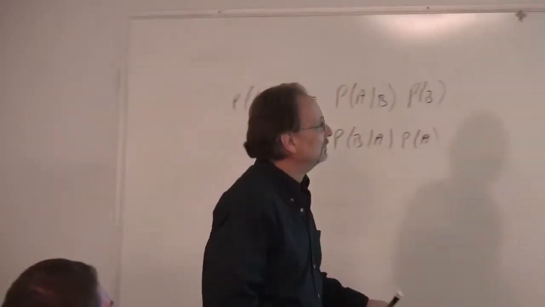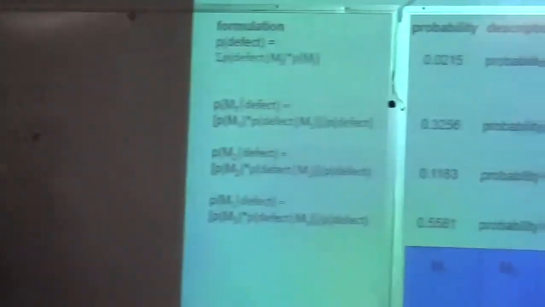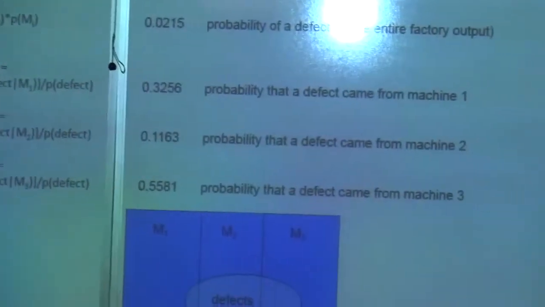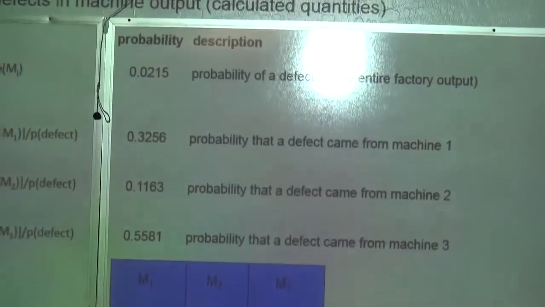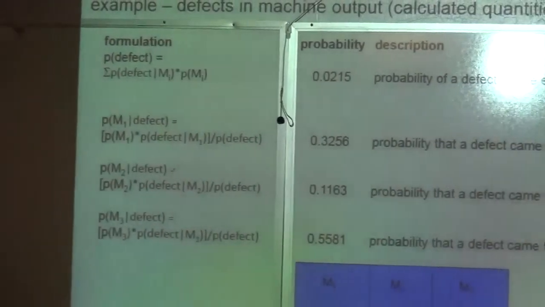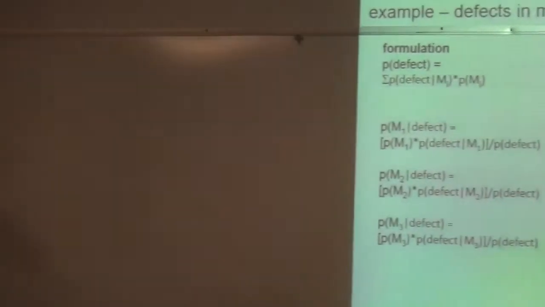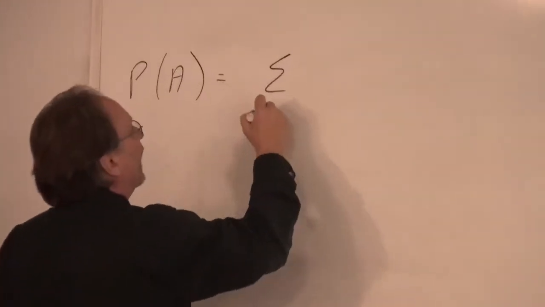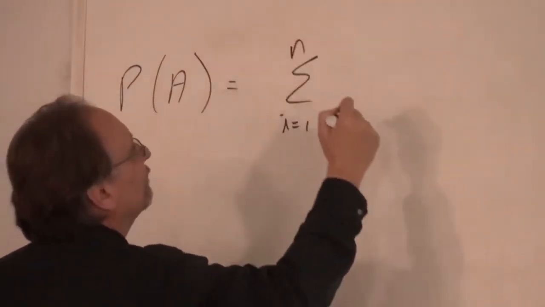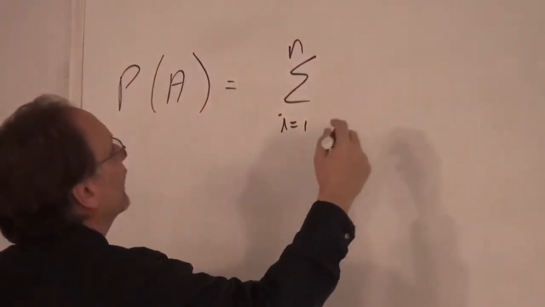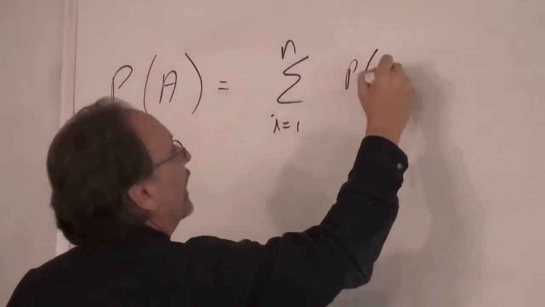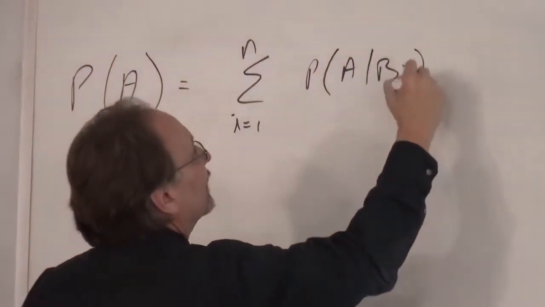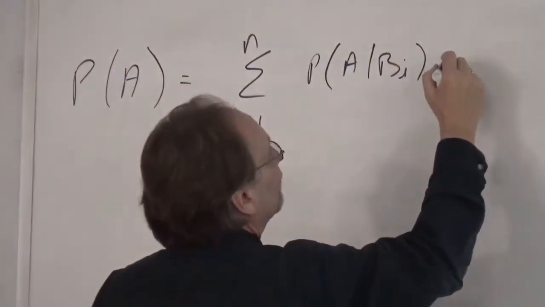So, remember that we had a relationship with the probability of A equals the summation for i equals 1 to n, however many subsets there are, of the probability of A given B sub i times the probability of B sub i.